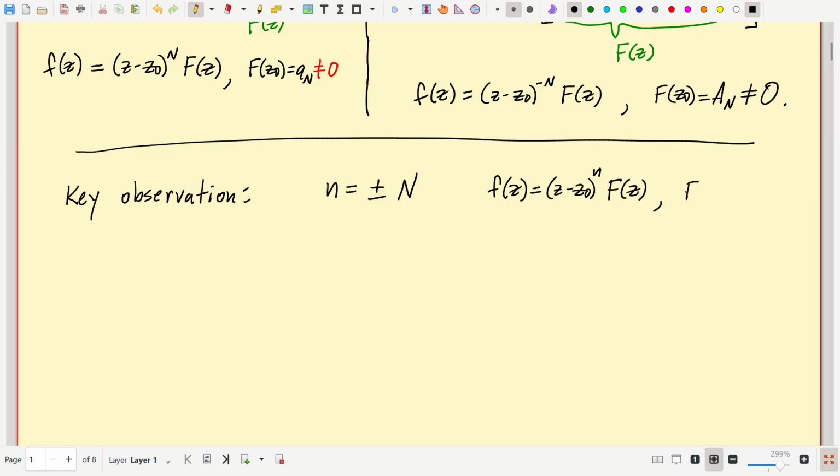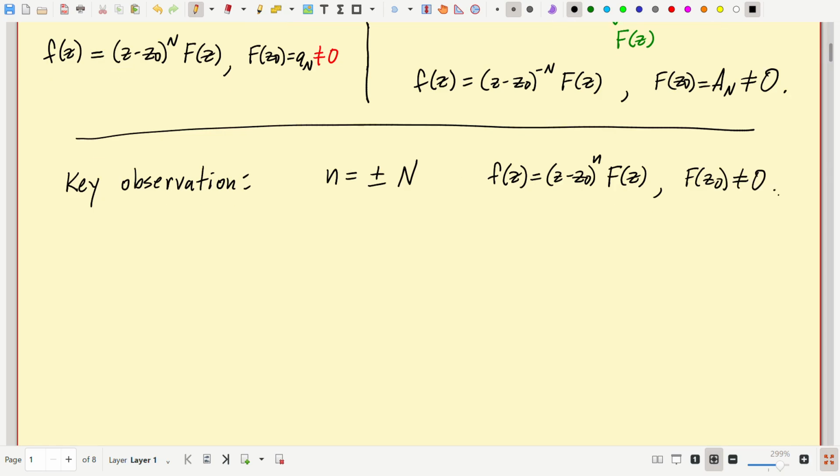And F of z at z0 is not equal to 0. Okay, a key observation is if I mess around with f prime over f, that's the logarithmic derivative.